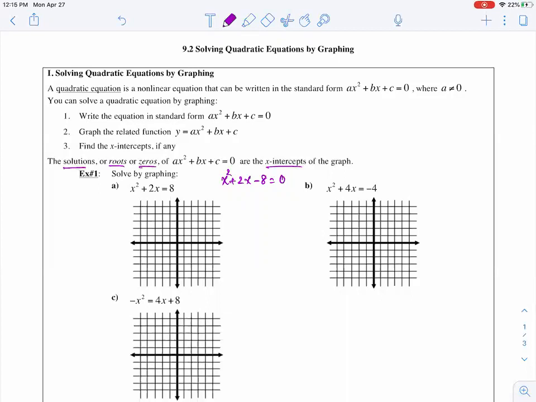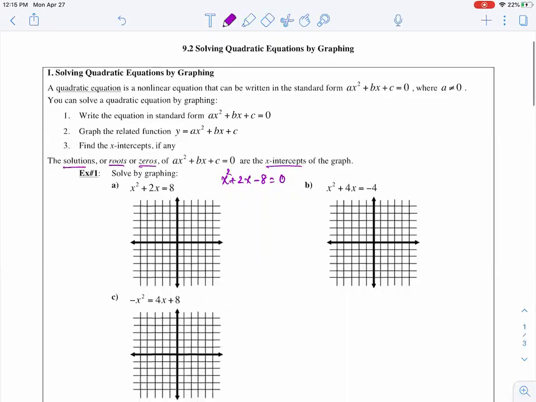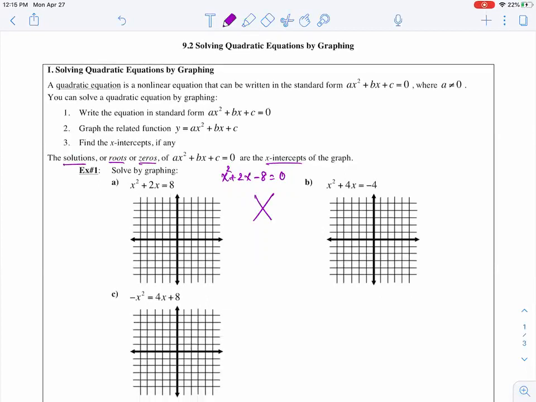Okay. So do you guys think you can easily factor this? This is just the x method. You don't need the box because the leading coefficient is just 1. So -8 goes here and 2 goes here. Are there any numbers that add up to 2 and multiply to -8? 4 and -2.